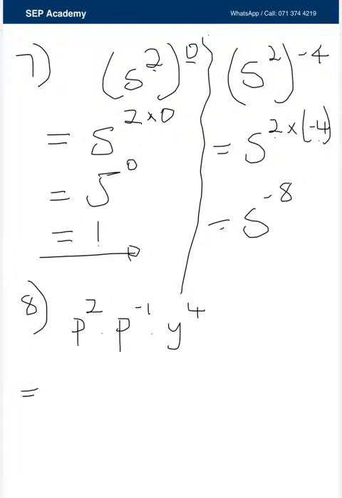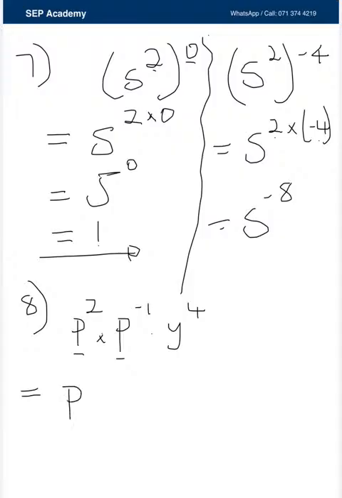According to the laws that we have gone through, our main focus should be on the bases. Once we know the bases we are dealing with, we will know what to do with their exponents. This base is the same as that base, and they are multiplying each other, so we add their exponents.